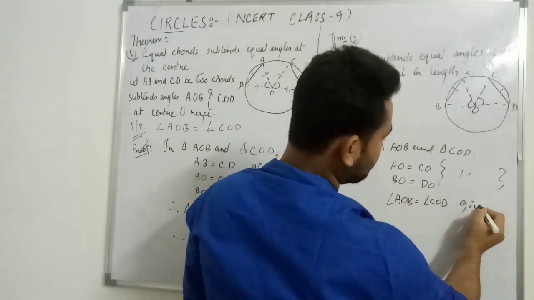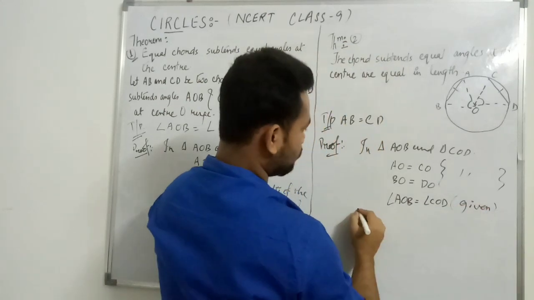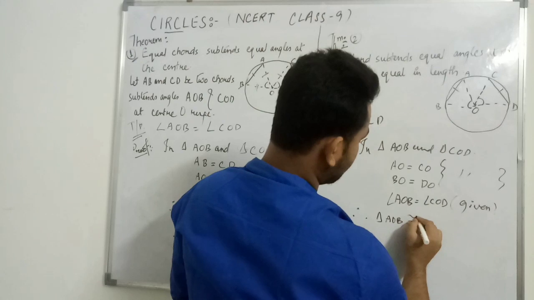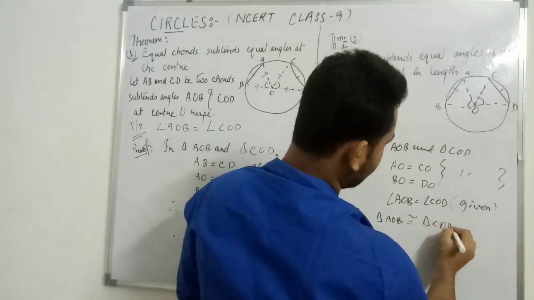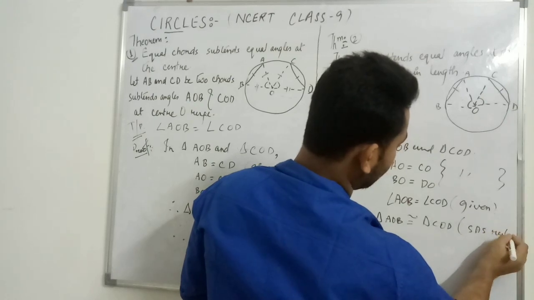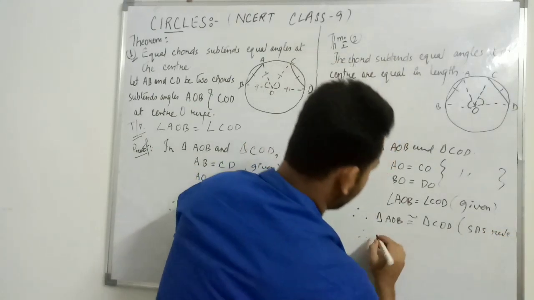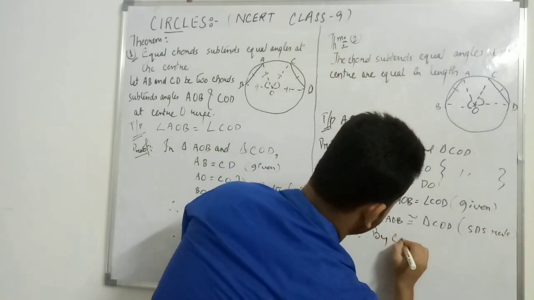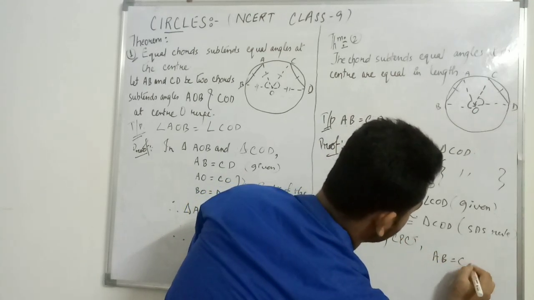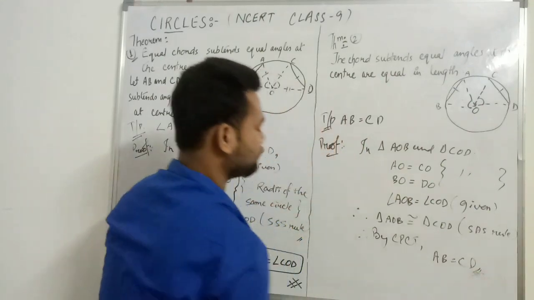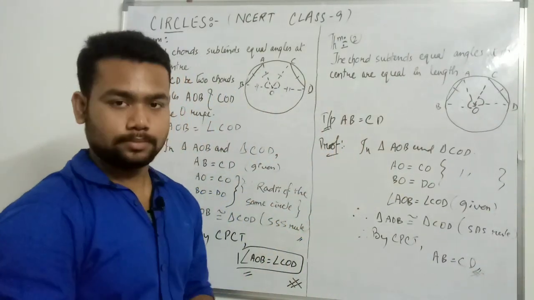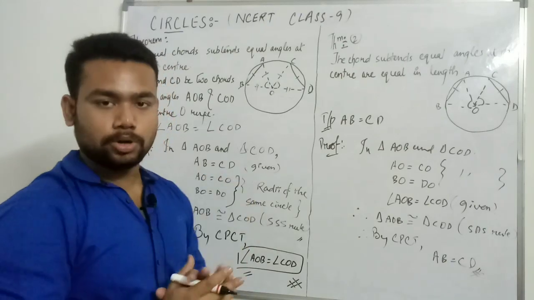Actually, this time it was given, right? So therefore, triangle AOB is congruent to triangle COD by SAS rule, right? So therefore by CPCT, AB is equal to CD, hence proved, right? It was easy. I hope you got the two theorems.